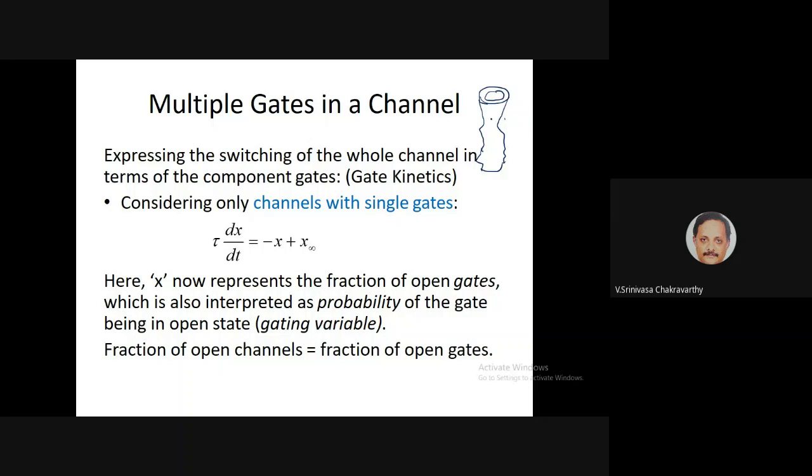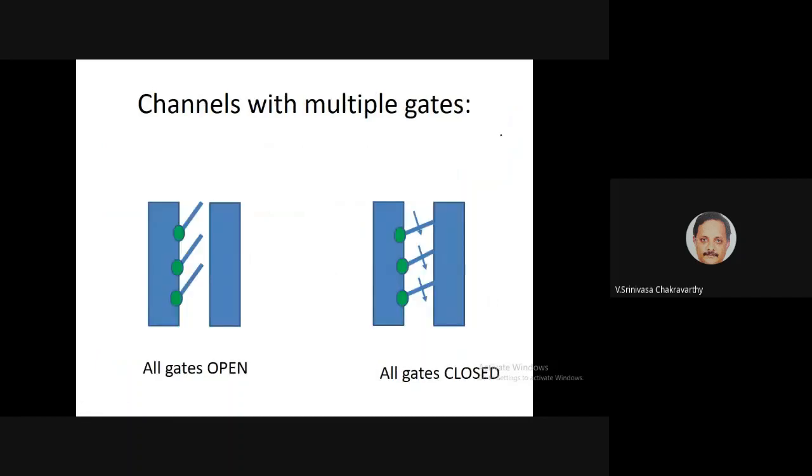So just to capture the more complex nature of channel dynamics, people have invoked a more elaborate picture of channel closing and opening. For this, they introduce a new concept called gates or channel gates.